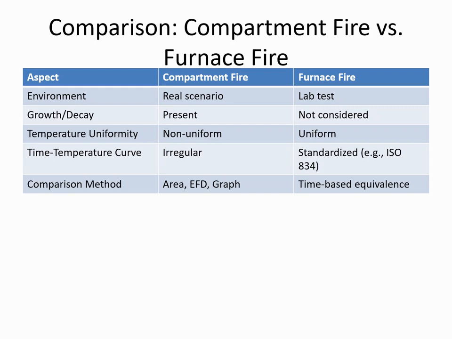There is a uniform temperature time curve in furnace fire. In component fire the time temperature curve is irregular. Here the standard is ISO 834. The comparison method is time equivalence in component fire, area or graph.